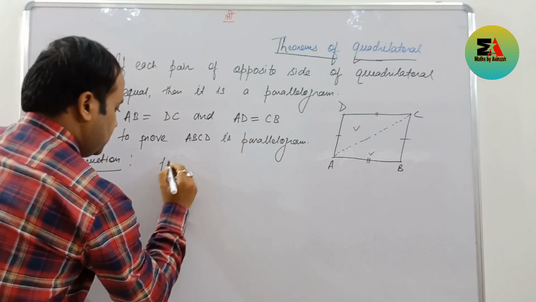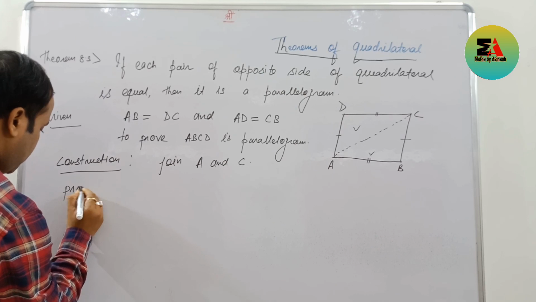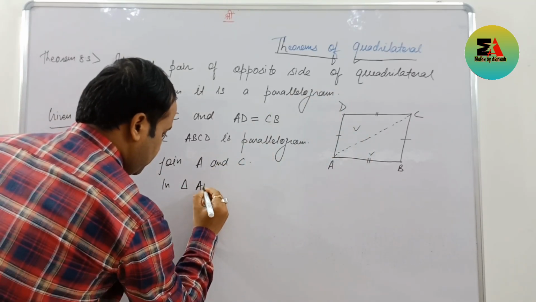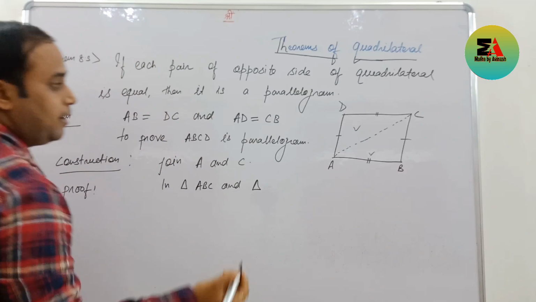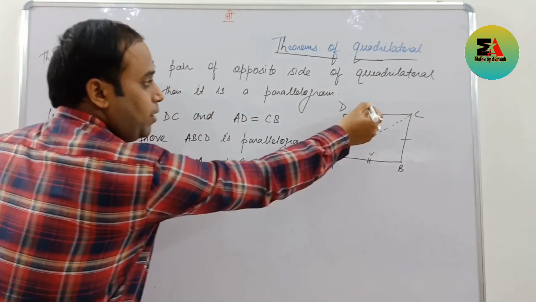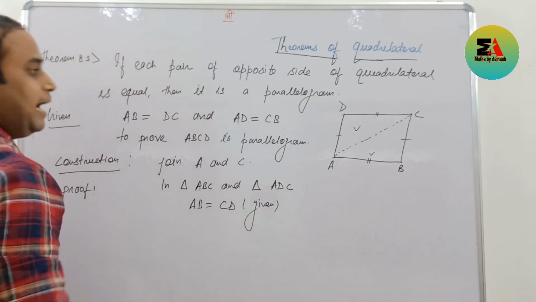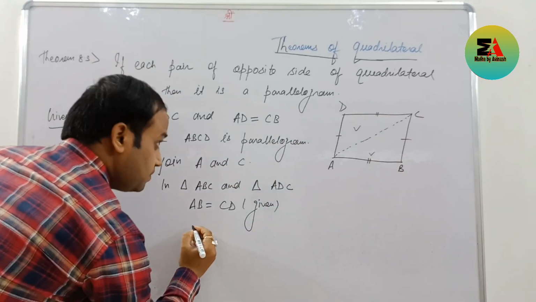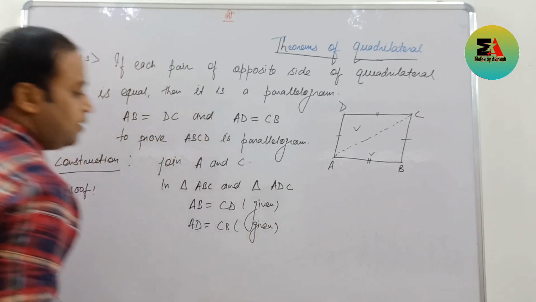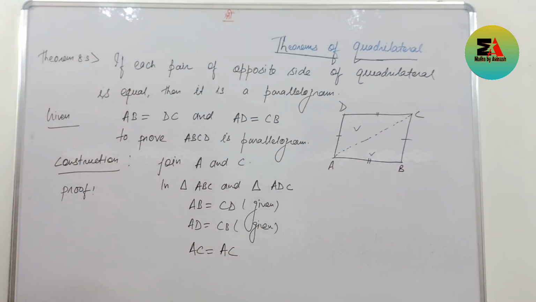First of all, write the construction: join A and C. Now in proof, in triangle ABC and triangle ADC, see, AB equals CD, this is already given, and same as AD equals CB, given, and side AC equals AC, common in both.